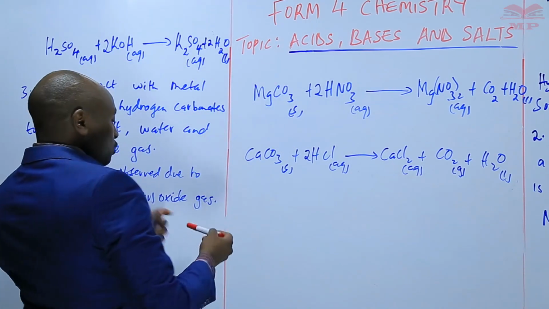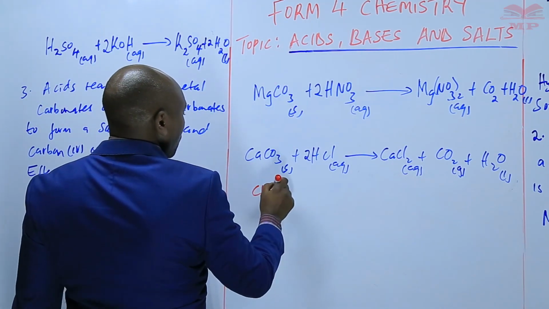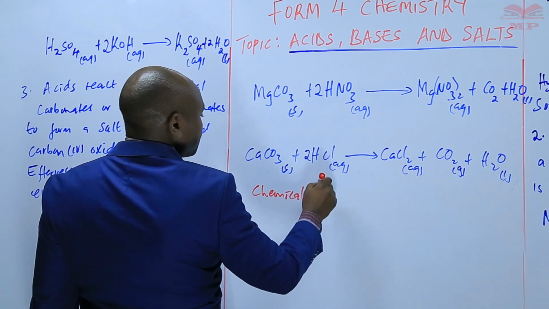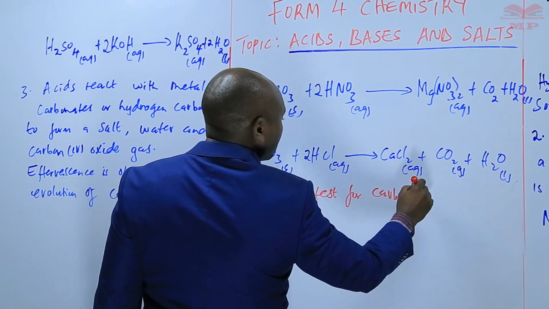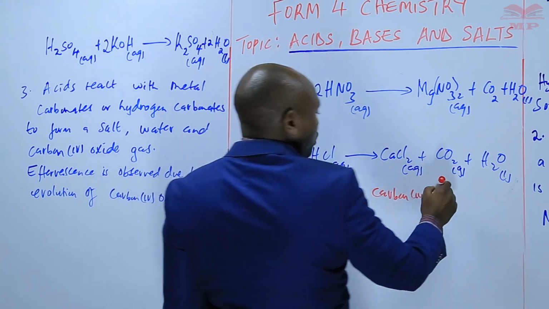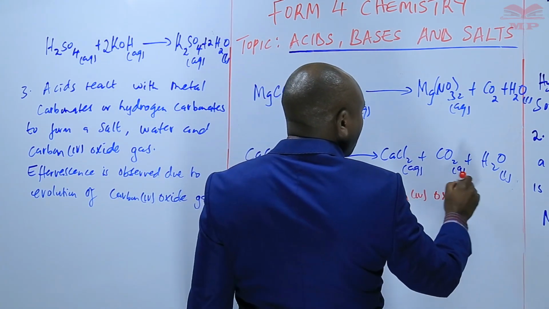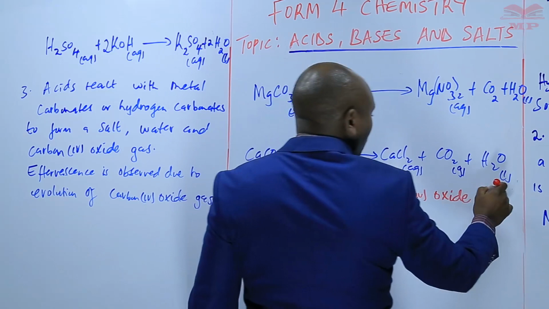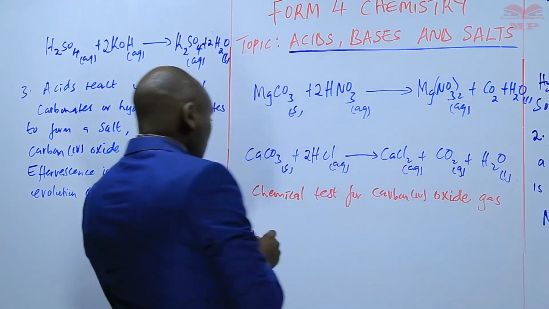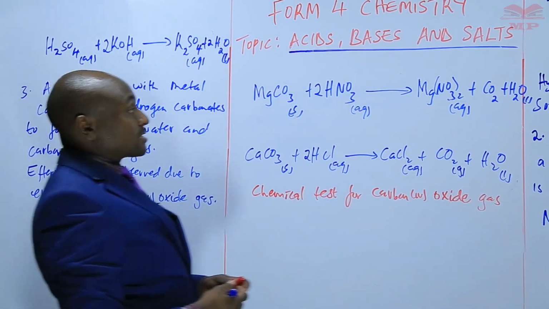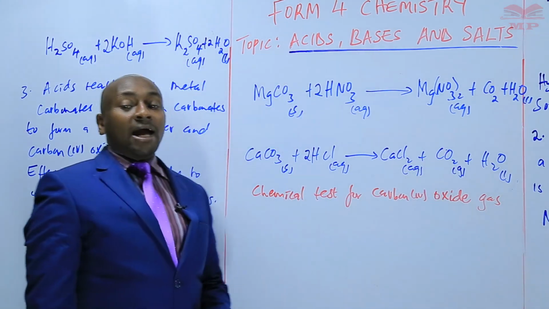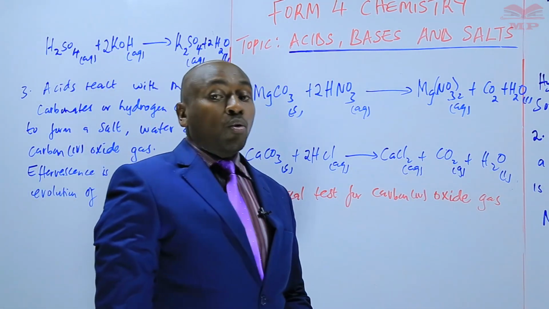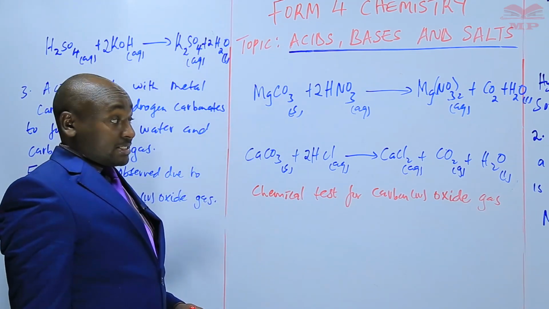So it is important to also understand what is the chemical test for carbon dioxide. What actually tells us that the gas being produced is carbon dioxide gas. If we take this carbon dioxide and bubble it into calcium hydroxide solution, we form a white precipitate.